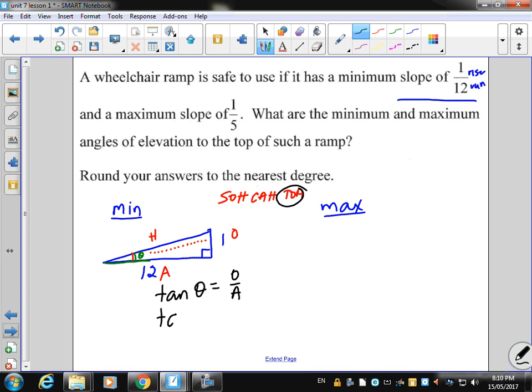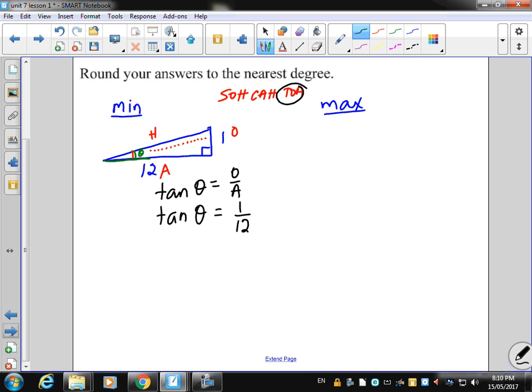So for this one, tan of theta. I call it theta. You could call it something else like x or whatever. When I don't know an angle, I always call it theta. Greek letter. Opposite and adjacent would be 1 over 12. So as we practiced yesterday, to find an angle, I need to get rid of that word tan. So to do the opposite of tanning something, I inverse tan.